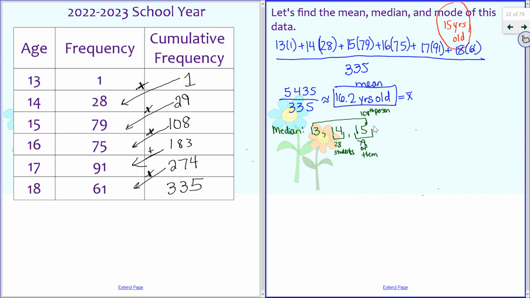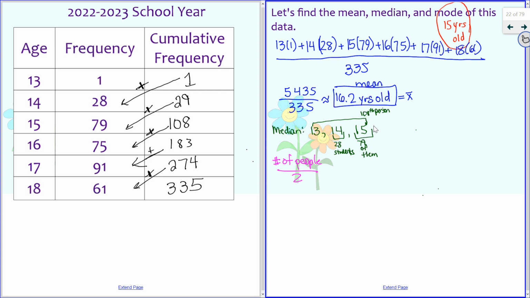So what I have to figure out is what person is the median person. What person would be exactly in the middle? To find that, I have to take the number of people and divide it by 2.